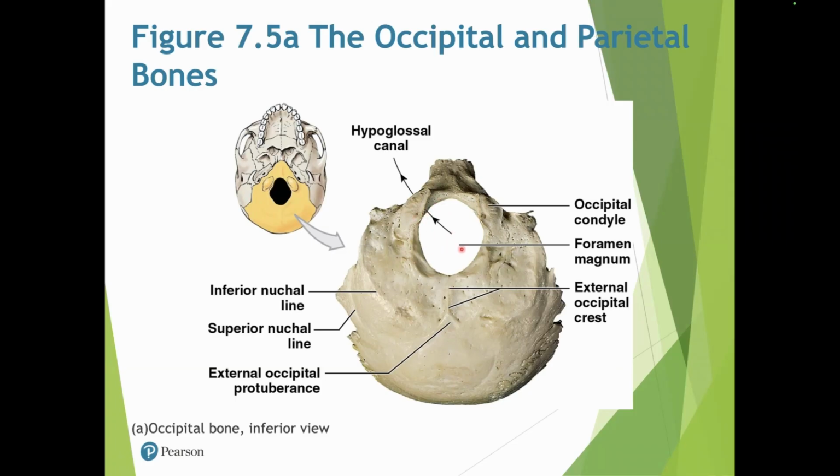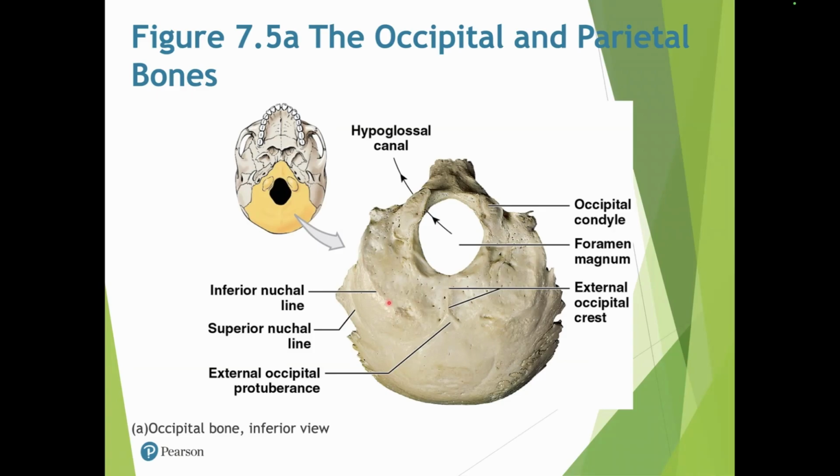So here we go. I really wanted to point out the inferior and the superior nuchal lines. So when you see here, this is the superior nuchal line, and the one below it is the inferior nuchal line, okay? So we are looking from the inferior view.